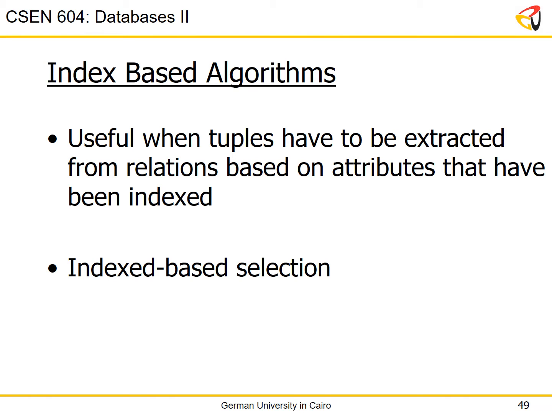The fourth type of relation access algorithm, as we've discussed, are index-based algorithms. Just as the name implies, what we are doing here, we're using an index. We've seen this notion that database engines are so sophisticated that to access a relation to satisfy a specific SQL statement that you've passed, it can do a number of things, and one of them is to build an index on the fly.